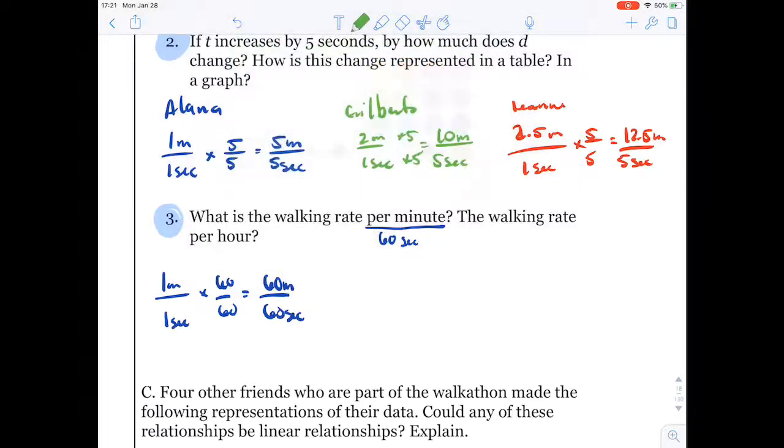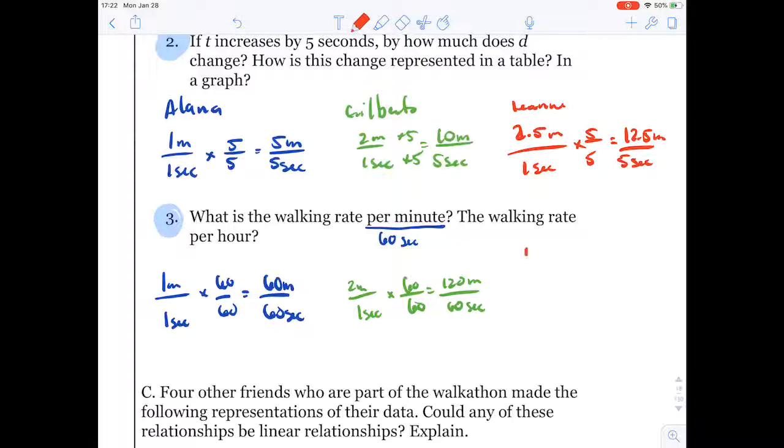Okay. Gilberto will do the same thing. 2 meters every 1 second, and we want to go 60 seconds or 1 minute. We have 120 meters in 60 seconds.